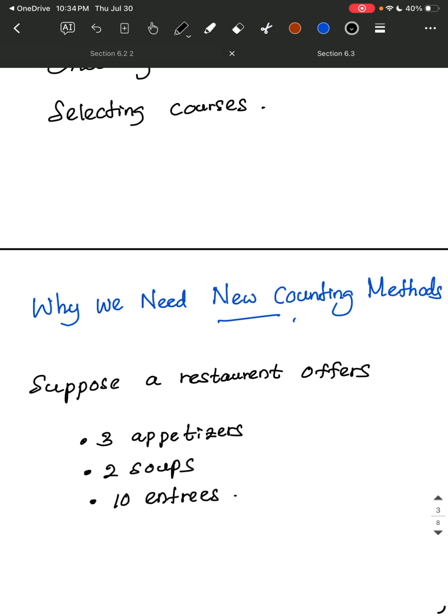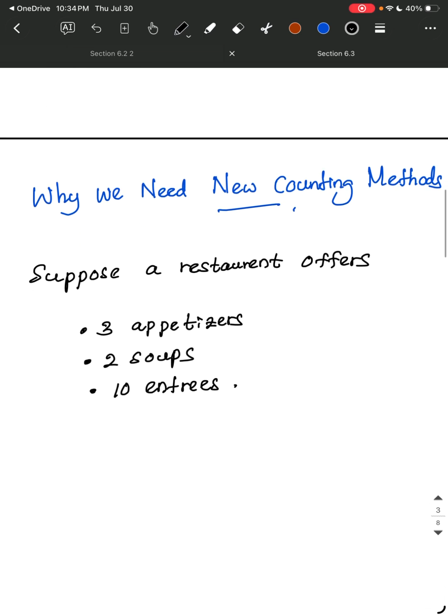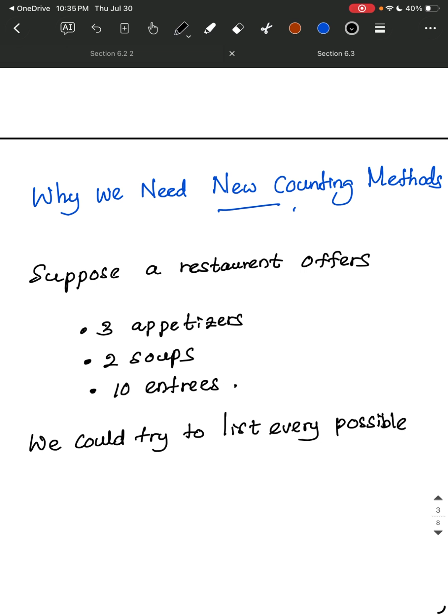We could try to list every possible meal, but that would take time, right? So instead, we can use the multiplication principle.